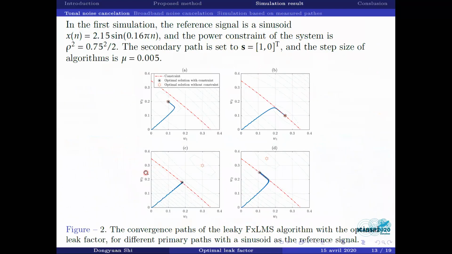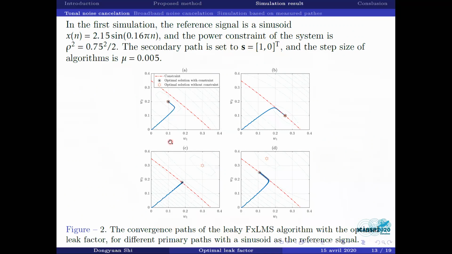In the first simulation, the primary path is a sine tone and the power constraint of the system is 0.775 squared over 2. The secondary path is set to 1 and 0. The step size of the algorithm is 0.005.